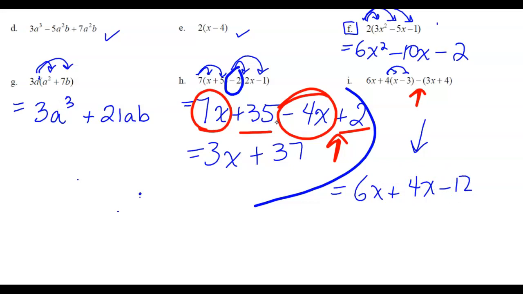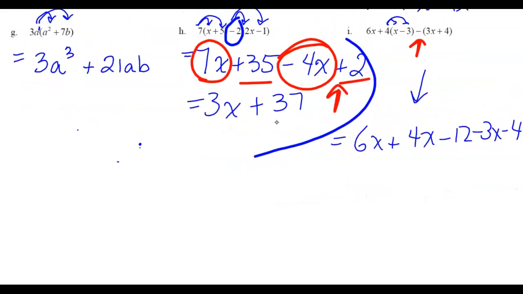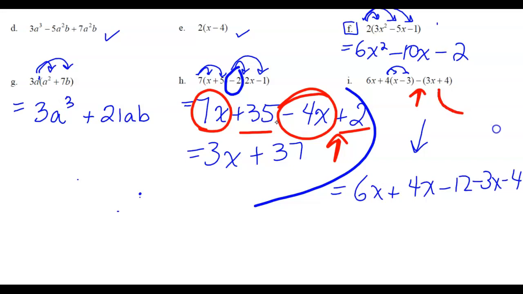And then here we're subtracting 3x, and we're subtracting 4, not adding 4. Be really careful on that. This becomes subtracting because it's adding in the brackets.